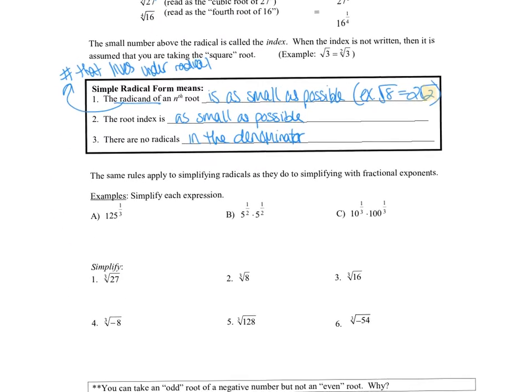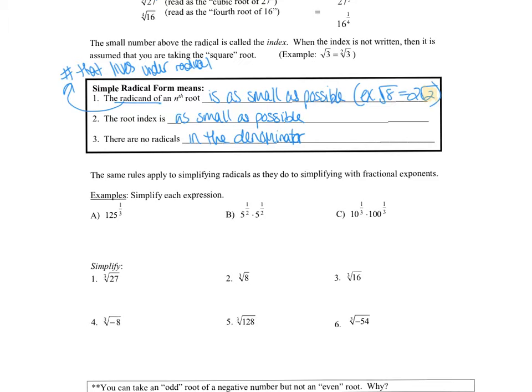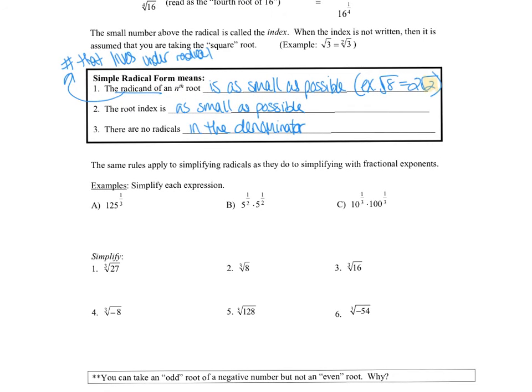So the same rules apply to simplifying radicals as they do to simplifying with fractional exponents. So we're just rewriting a number in two different ways, one with exponents, one with radicals. And we can interchange them to help us simplify. So in the first couple examples, let's simplify from exponential form into radical form. So 125 to the 1/3, that's rewritten as the cubic root of 125 to the first power.